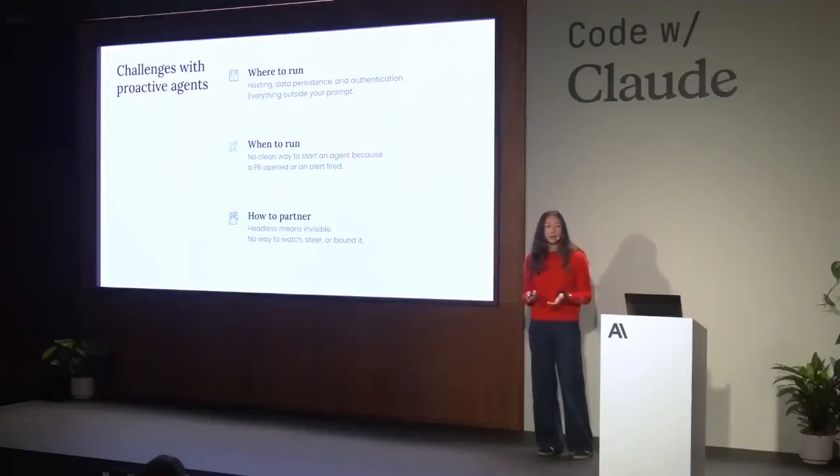You probably don't want them running on your local machine because if you close your laptop or your laptop dies, your agent session is done. What that means is you'll need to manage things like hosting, data persistence, and authentication. Basically, you'll need to build a whole infra stack outside of your prompts, which is doable, but it's a lot of work and there's a lot of boilerplate code there.